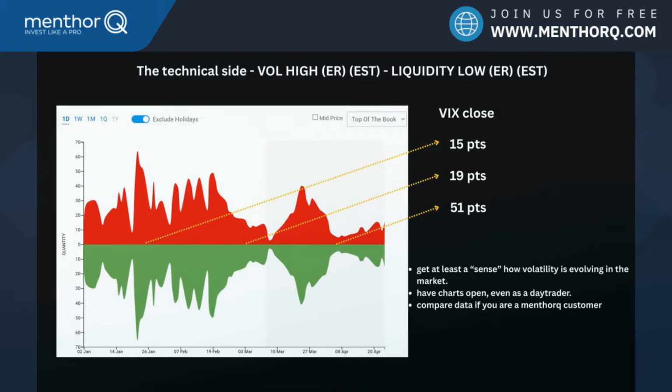You can see the liquidity is pretty well distributed on the sell and buy side, which is the green and red graph over here. A VIX of 19, there's already a little bit of contraction, and I think that is the week of the tariff announcement. Yes, it is. VIX 51, we peaked in this week, and you can see liquidity is drying out.